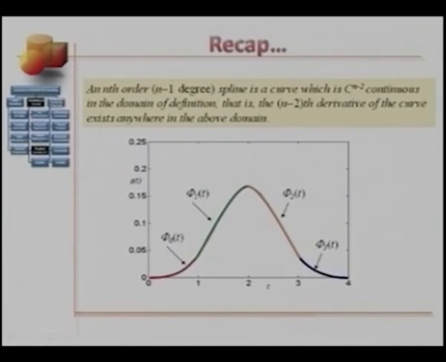Let me come up with a third statement. A spline of degree n-1 has to be precisely Cn-2 continuous in t ranging from minus infinity to plus infinity. Today we will see how to construct B-spline basis functions using the Newton's divided difference approach.